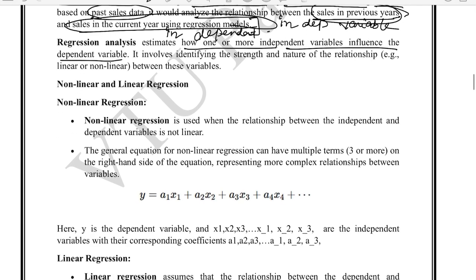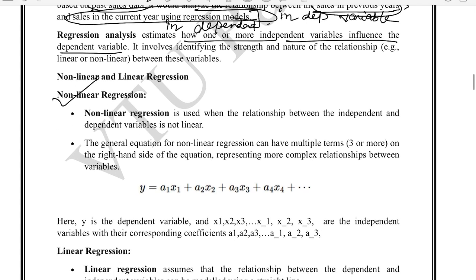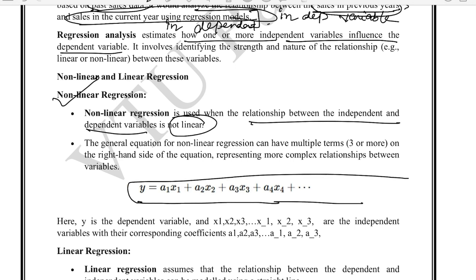Let's see the formulas. First we have non-linear regression. Non-linear regression is where the graph you obtain is not linear. Again it establishes the relationship between the independent and dependent variables. The general equation consists of multiple terms like y equals a1x1 plus a2x2 and so on up to anxn, where y is the dependent variable and x1, x2, x3, x4 are all independent variables.